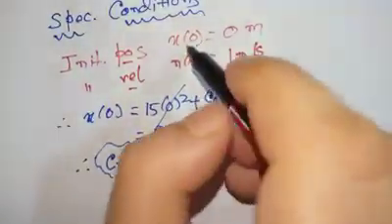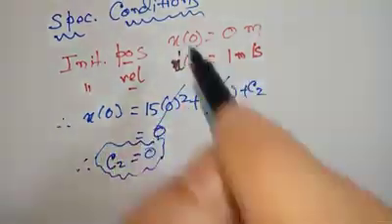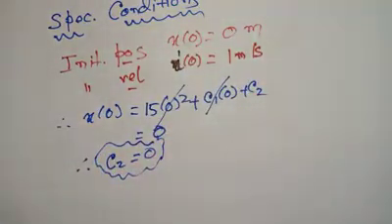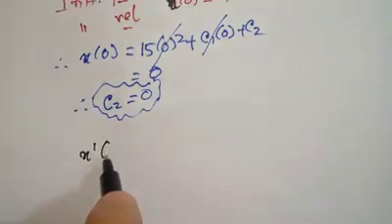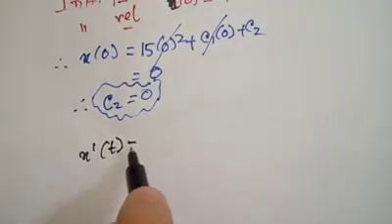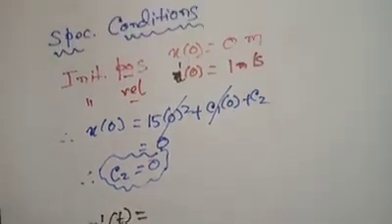These are the initial conditions. I'm so sorry, this is x0, this is x prime. So we write x prime of t equals, now in order to find the derivative, because we need a function of velocity, which we have already done.